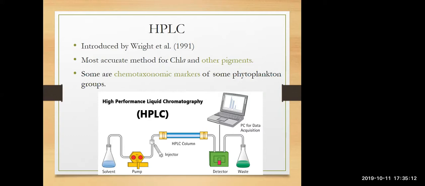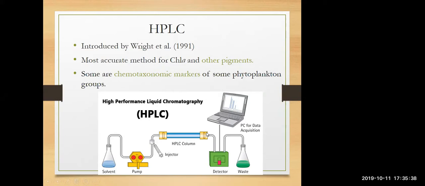Some of them are chemotaxonomic markers of some phytoplankton groups. It means that using HPLC, we can not only have information on the concentration of chlorophyll in some sample of water, but also information about phytoplankton groups that are present in our sample.